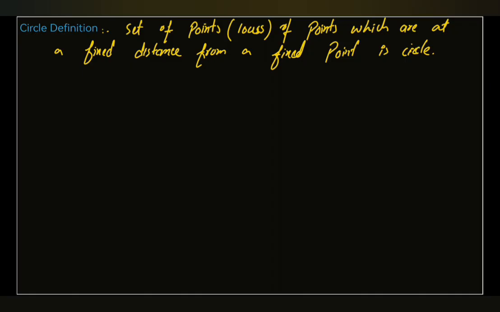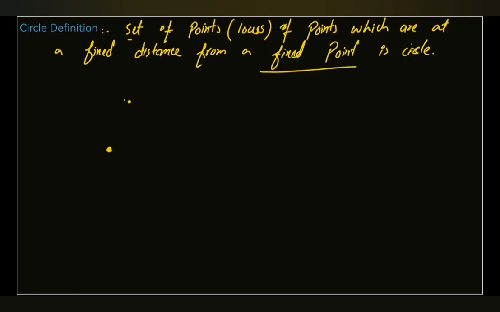So let's understand the fixed point first. Let's suppose we take any point in the plane, which is this point. This is the fixed point. So set of points, or locus of points, from a fixed point which are at a fixed distance.